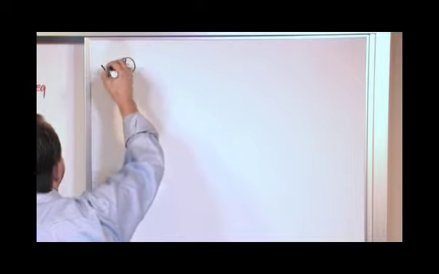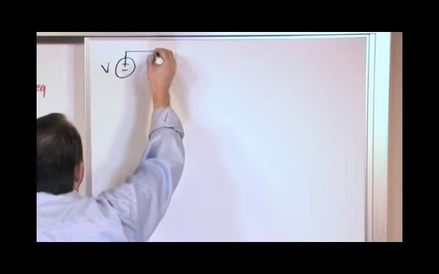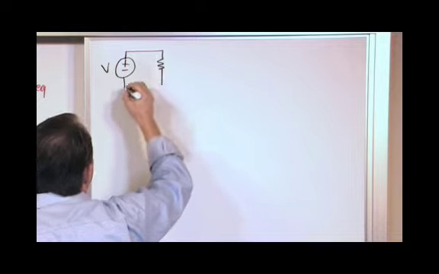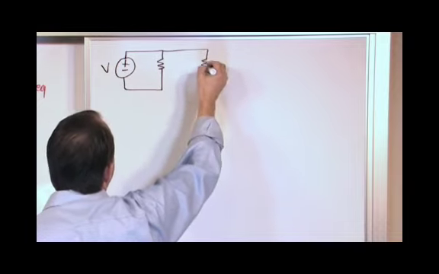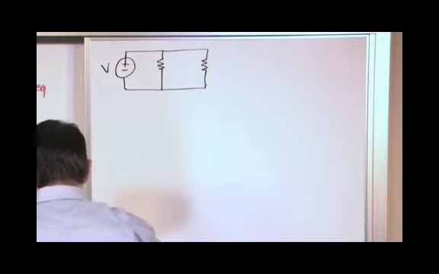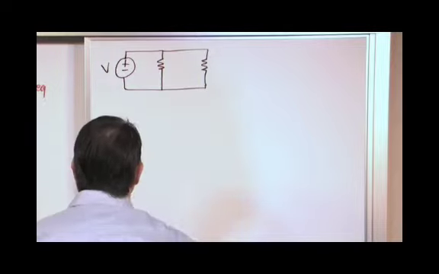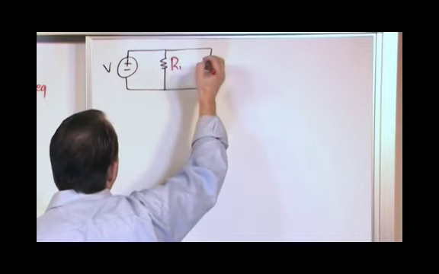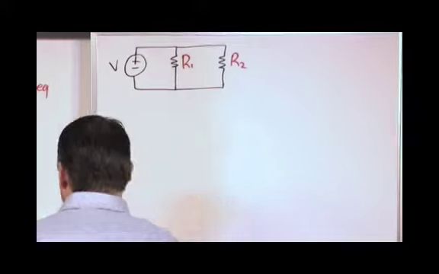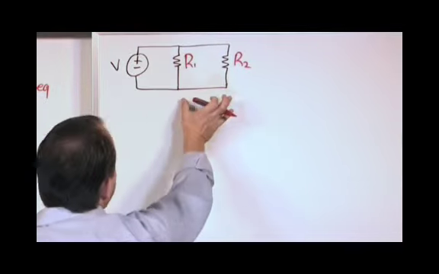What I'm talking about is if you have a voltage source like this, and this is resistor R1, and this is resistor R2. I'm going to keep it generic because I'm deriving a formula for you here. So here's R1, here's R2. We want to find the parallel combination of this.